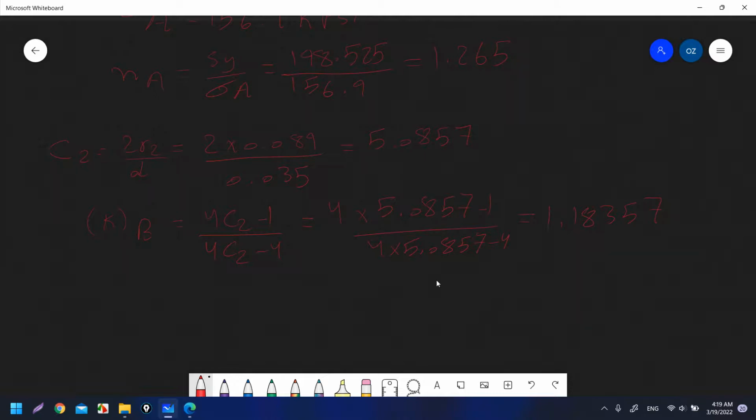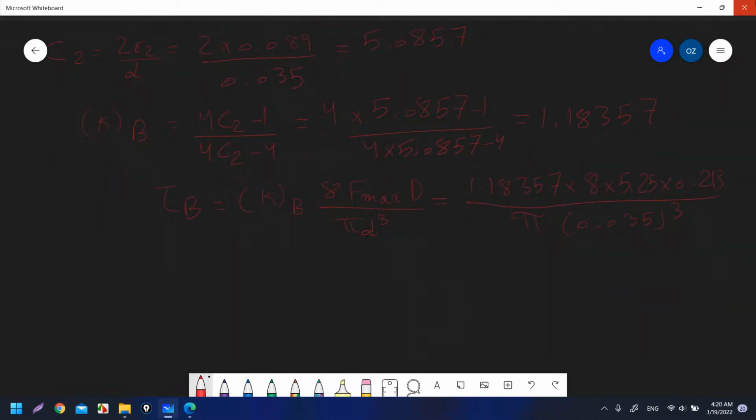1.18357. And now I can calculate tau B, which is equal to K at point B times 8 F max D over pi D cubed. This will give you 1.18357 times 8 times 5.25 times 0.213 over pi times 0.035 cubed.